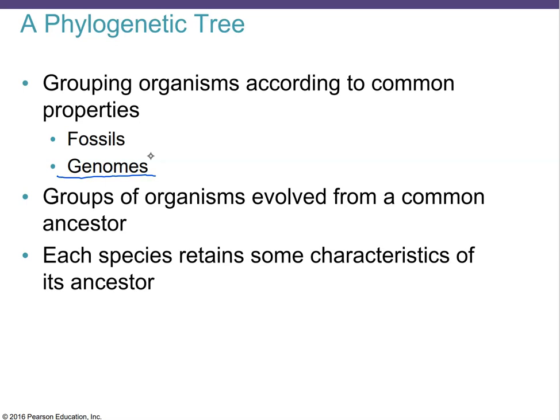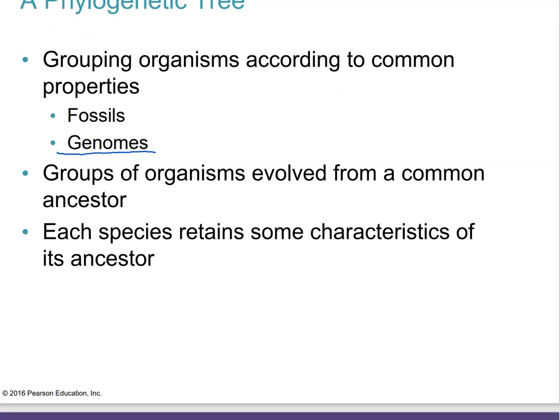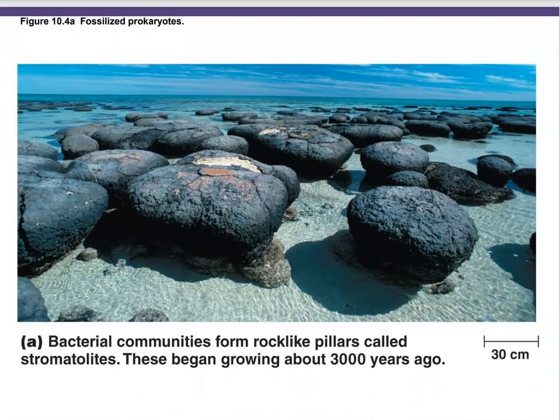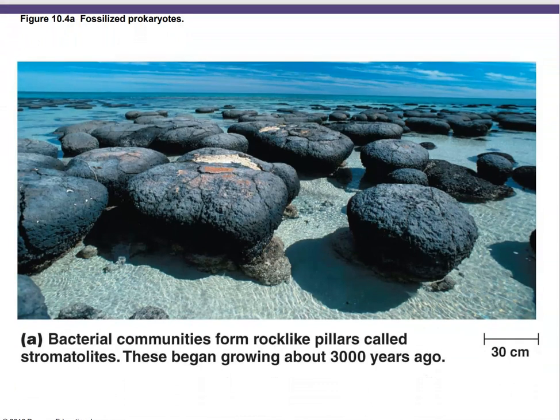Based on the work that phylogenetic scientists have done, you can group these organisms and say that they most likely evolved from a common ancestor, and that the species retain some characteristics of the ancestor. So even our cells have common characteristics with bacterial cells. We have some genes that are highly conserved across pretty much all forms of life.